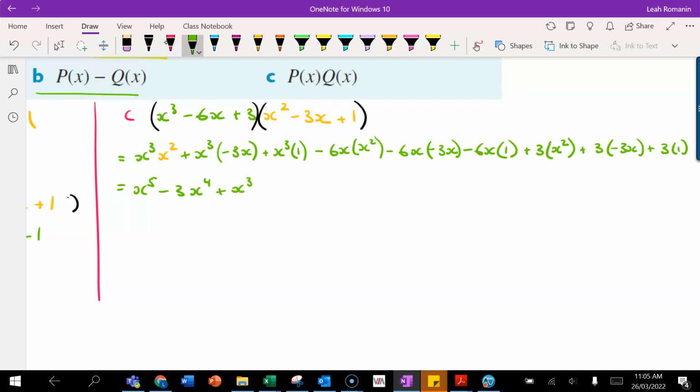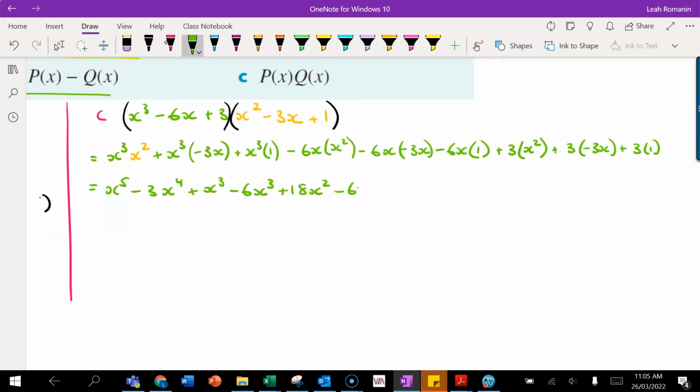Moving over to my 6x and x squared, I've got minus 6x to the power of 3. Negative 6 times negative 3 is going to be positive 18x squared, because I've got my two x's here, minus 6x plus 3x squared, and then I'm moving on to my 3 and negative 3, so negative 9x, and then plus 3 on the end.